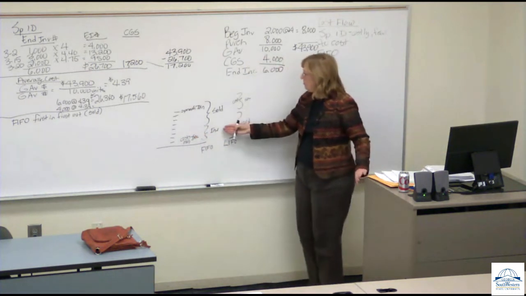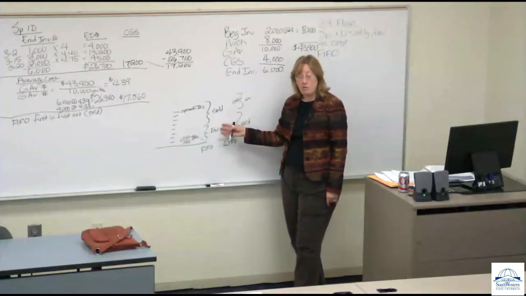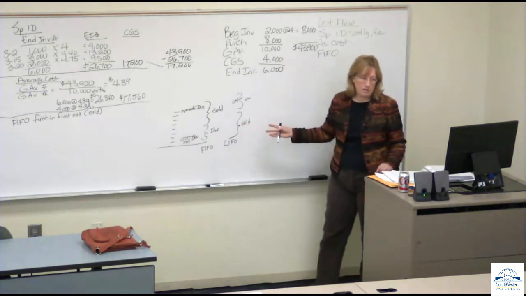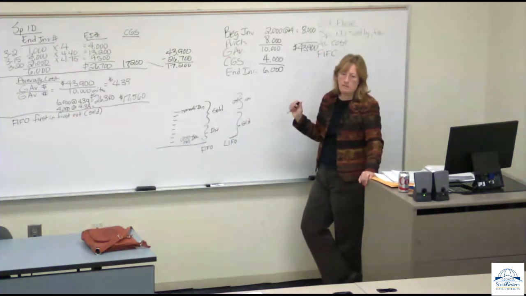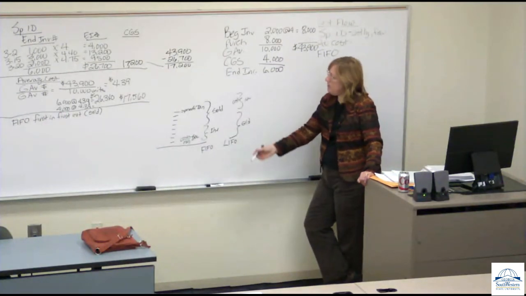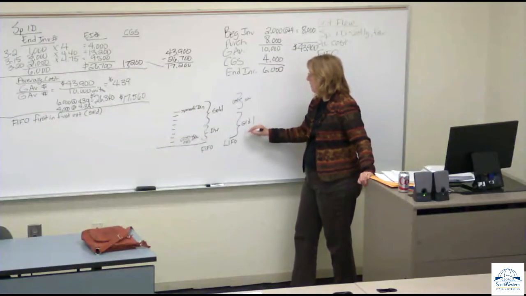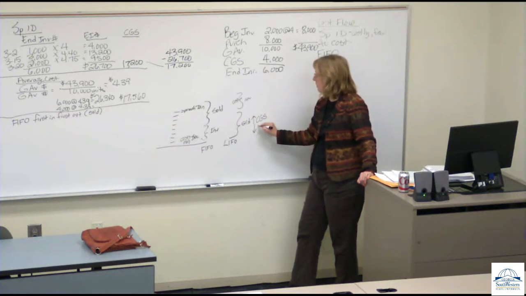And under these two different assumptions, either our ending inventory is going to cost more or our cost of goods sold is going to cost more. And do you see how that's going to affect net income a little bit? Okay, so in periods of rising prices, LIFO is going to have a higher cost of goods sold and a lower net income.